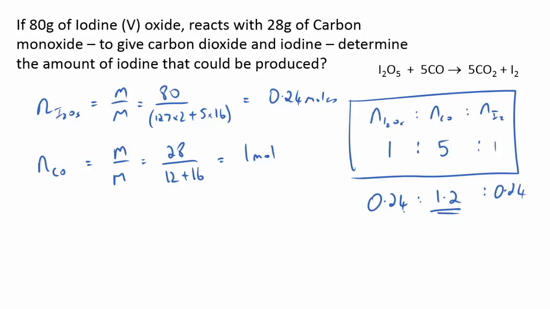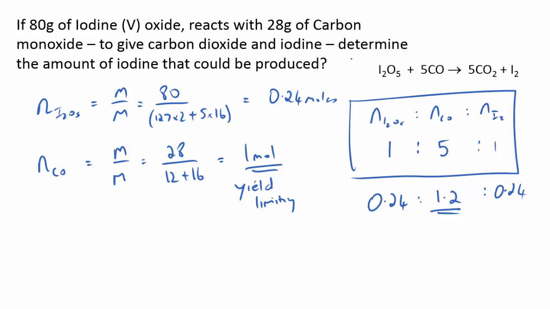So if we have 0.24 moles, we need 1.2 moles, 5 times that, of carbon monoxide to make the same amount of iodine. We don't have that. We have 1 mole. We are short. This means that this is yield limiting. It is going to run out before we make all of the iodine because we need 1.2, we don't have it.